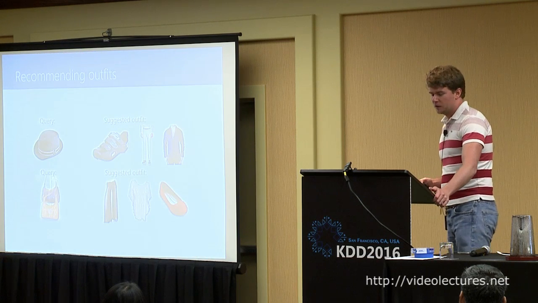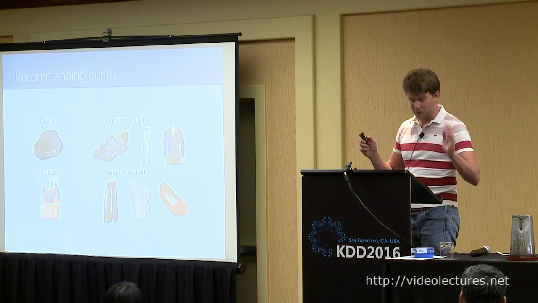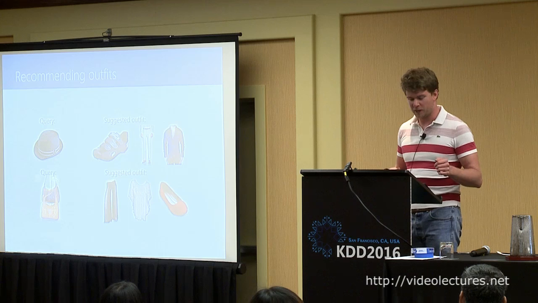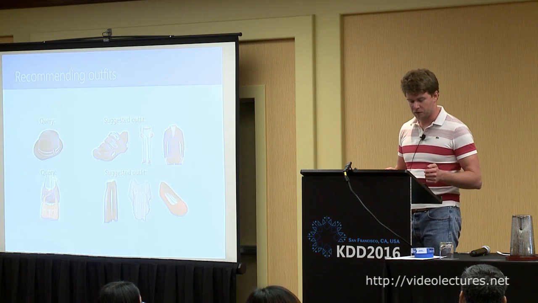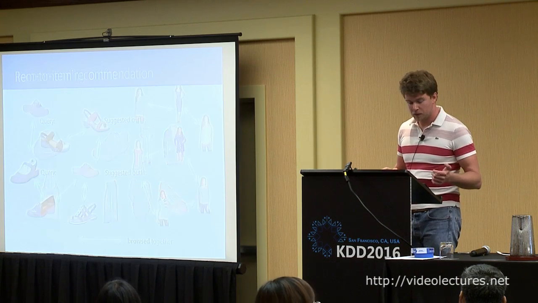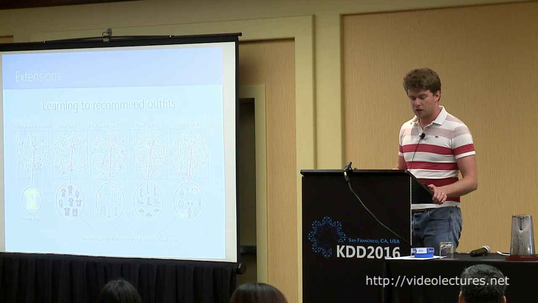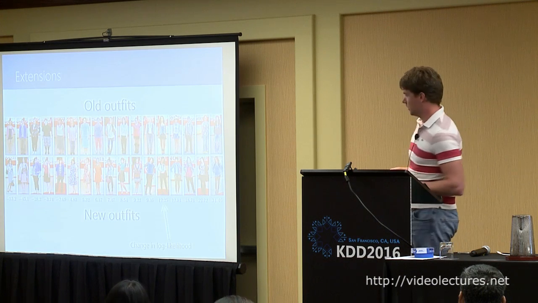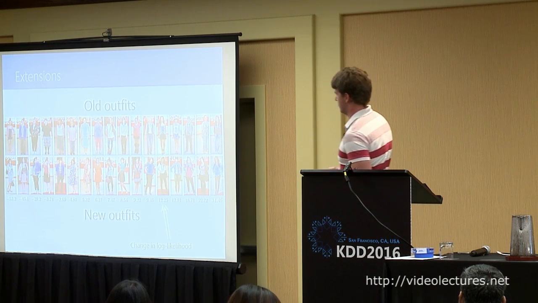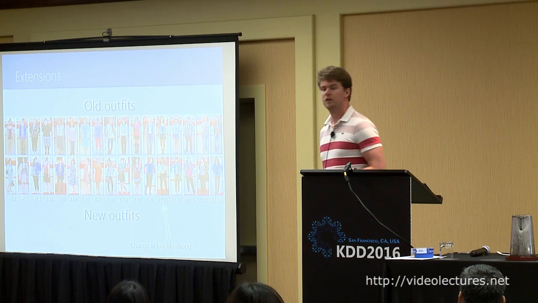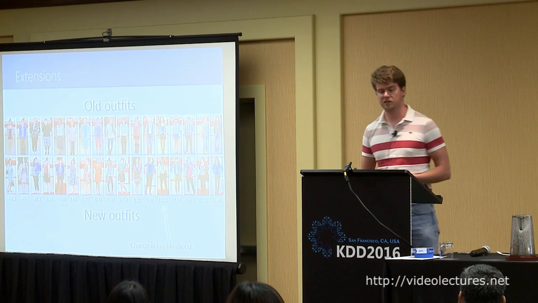Okay, so quickly, a few other things I'm working on. We can talk about this during whatever's left of the coffee break, but we can also adapt these models for things like outfit recommendation, to predict co-purchases and find items that are compatible with each other. And we compared this to some nice ground truth. This is from a TV show called What Not to Wear, where some experts have labeled what is and is not fashionable.